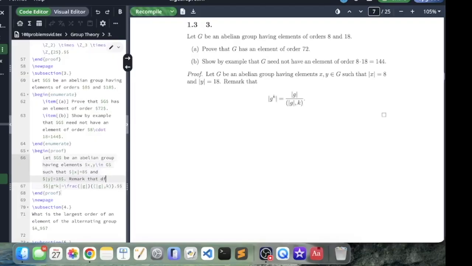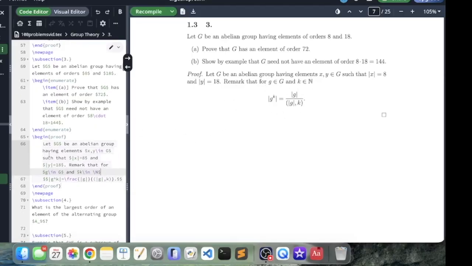Remark that for g in G and k in the naturals, we have this.